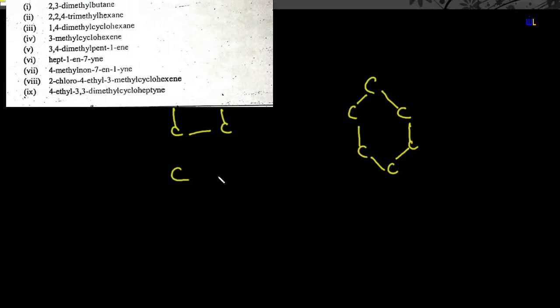If it is butane, 1, 2, 3, 4. This is cyclo. Cyclo means make sure there is no open end; just put it in a cycle. I presume this is clear. Hope it's clear what I just did.